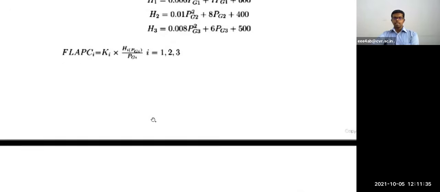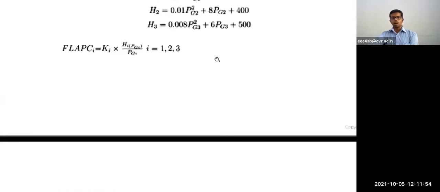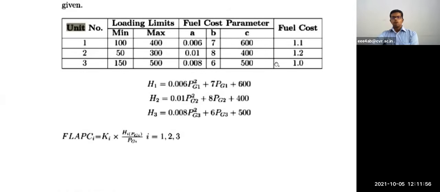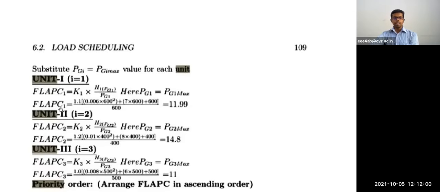We need to substitute PG1 as 600 megawatt and proceed to calculate FLAPC 1. K1, the fuel cost of the first generating unit, is already given in the problem, that is 1.1. That also you need to substitute over here.